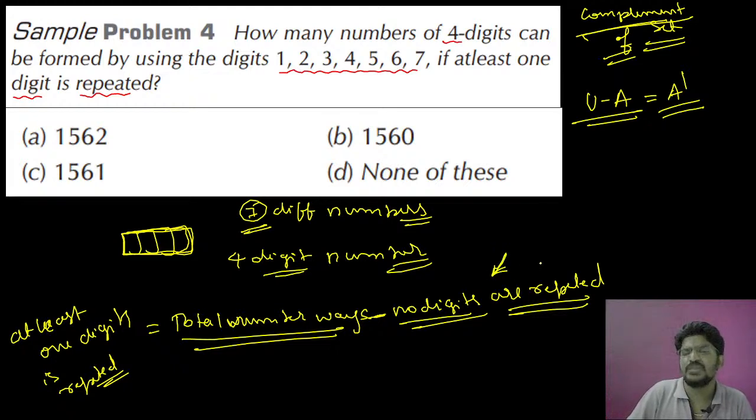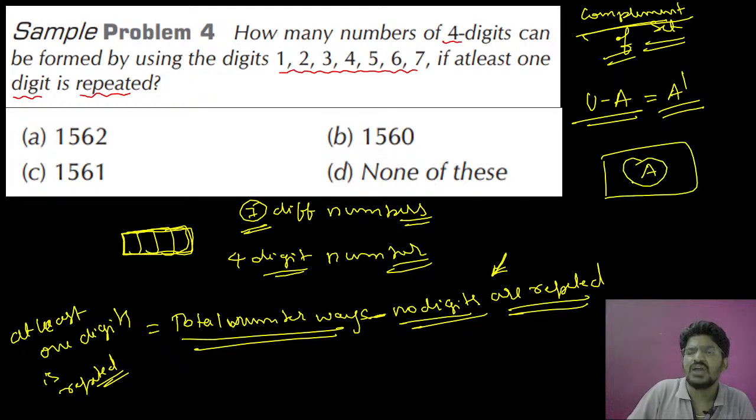You have one set A, the set of no digits repeated. In this set I have no digits repeated. The complement of this will be the area where at least one thing is repeated.